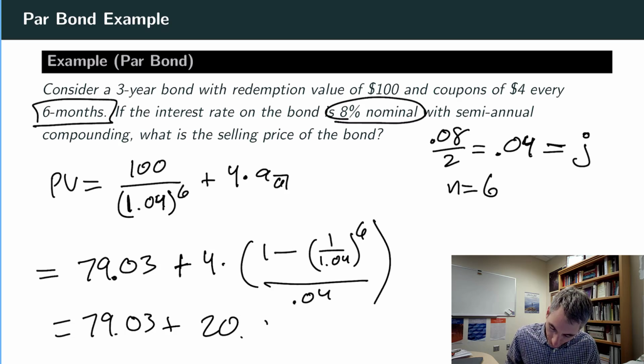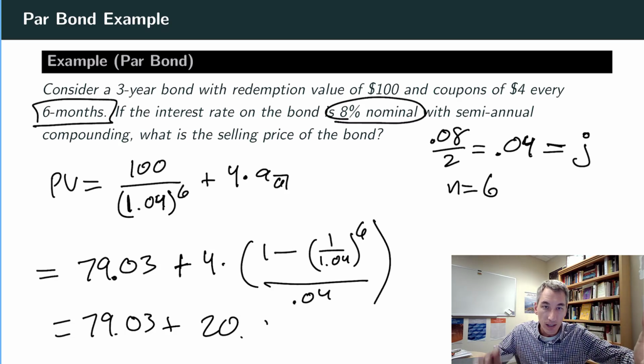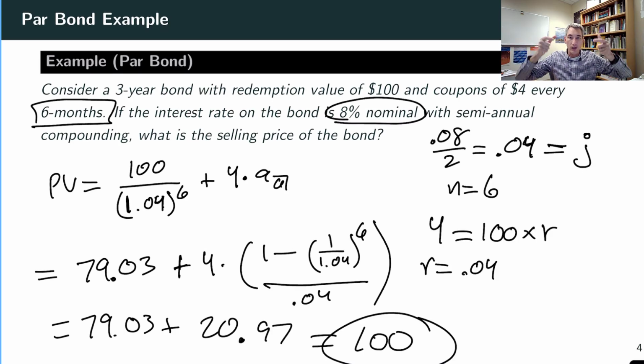And so r in this case is 0.04. Now 0.04 is the same as the 0.04 for j, and that's what a par bond is. When the coupon rate is equal to the interest rate, then the selling price of the bond will basically equal the redemption value, in this case $100.